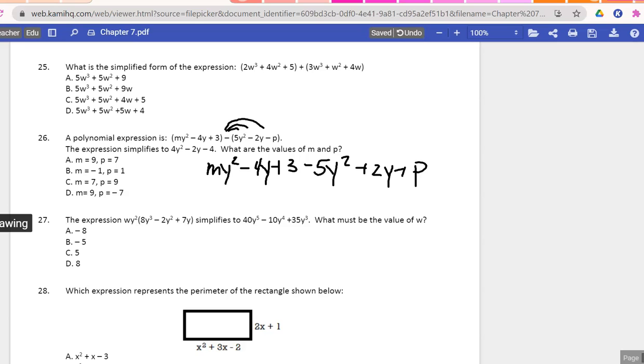So we need to just figure out what m and what p are. You have my squared minus 5y squared. And you know it simplifies to 4y squared. So you're deciding what number minus 5 gives me 4. 9 minus 5 gives you 4, so this has to be 9y squared, which tells you m has to equal 9.